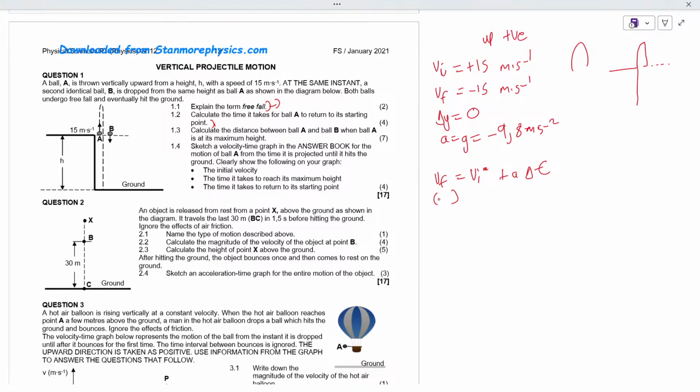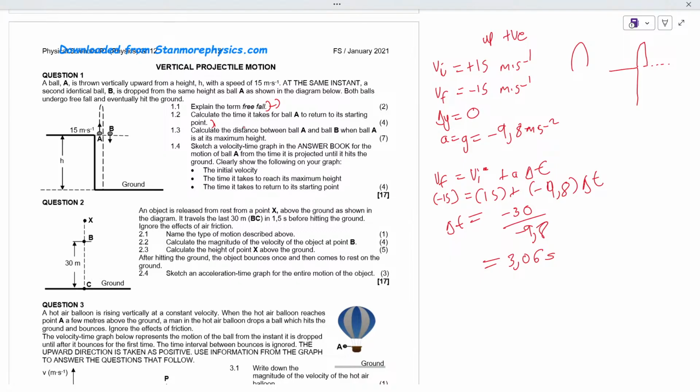So negative 15. The answer is 3.06 seconds. Yeah, that's our answer there.